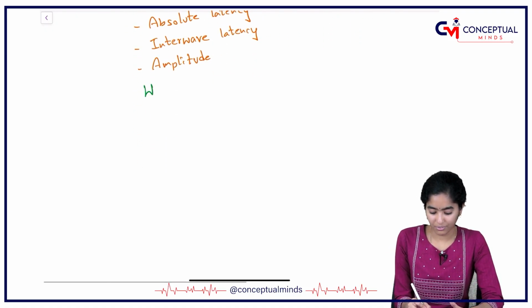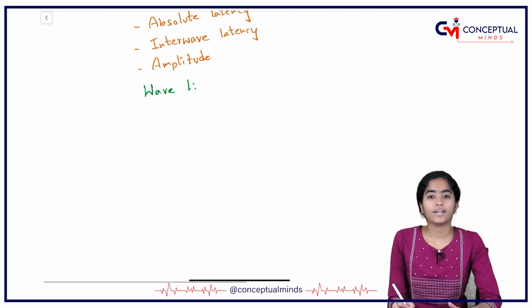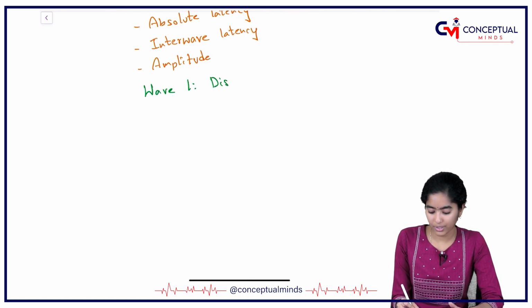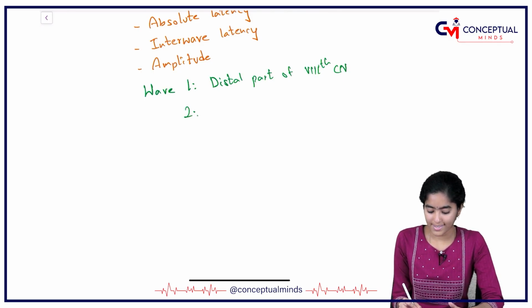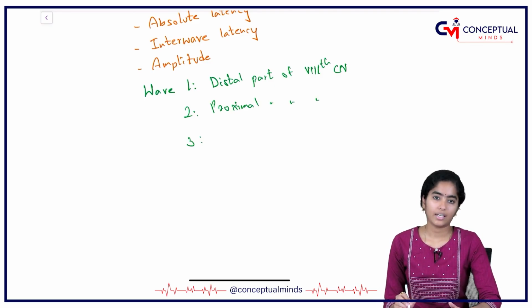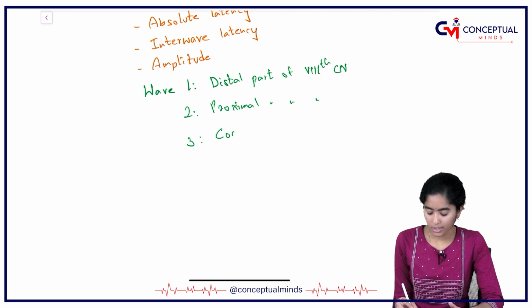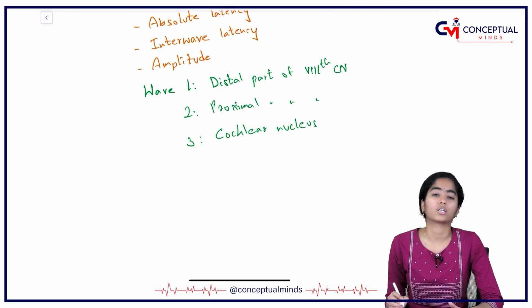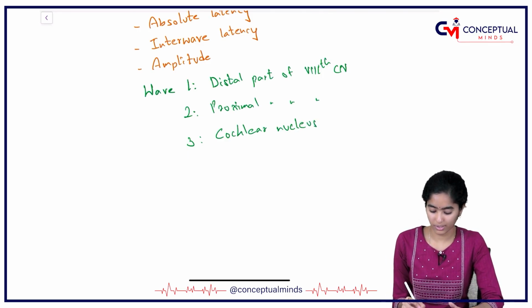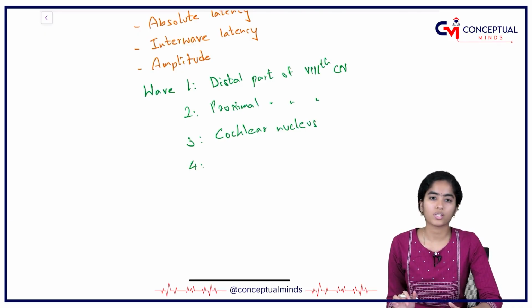The first wave, wave 1, corresponds to the distal part of the 8th cranial nerve. Wave 2 is the proximal part of this nerve. Then wave 3 corresponds to the cochlear nucleus. We have two cochlear nuclei, the dorsal and ventral cochlear nuclei. Wave 3 corresponds to them.